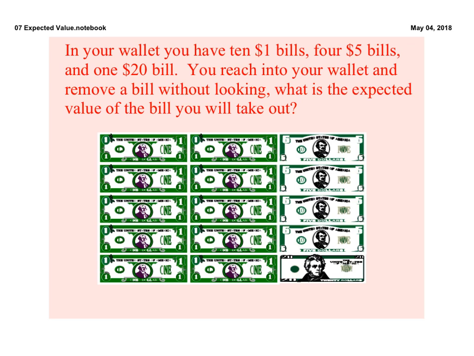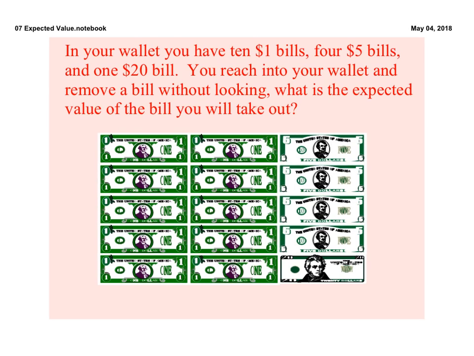So I'm going to take the probability of each event happening. Okay, so if I got a $1 bill, there's 10 of those, and there's a total of 15 different bills, so the probability of that happening is 10 out of 15, or 2/3.